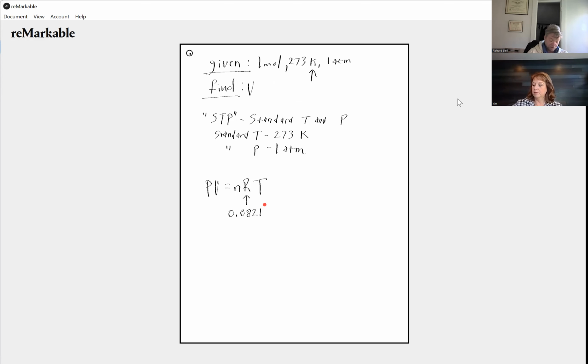So let's say it's 0.0821 liter atmosphere per mole Kelvin. We're at moles, we're at Kelvin, we're at atmospheres. All this tells us is that our final units for volume is going to be liters. So plug and play.